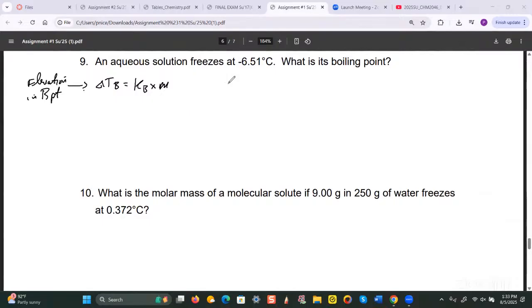The other equation would be delta TF is equal to minus KF times M. And please do not forget the negative sign, right? Now, delta TF would be the freezing point depression, right?